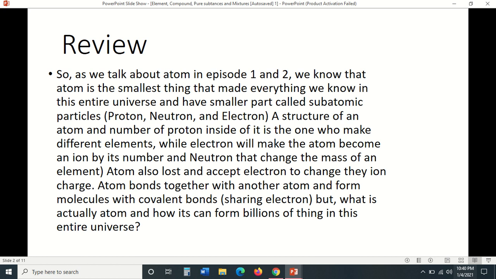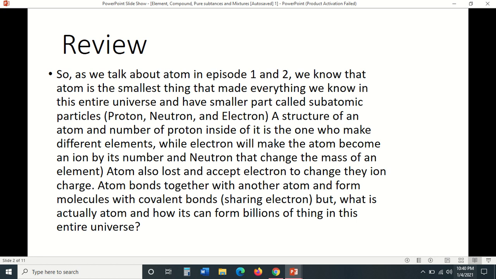And then neutrons change the mass of an element, but it is still the same element.